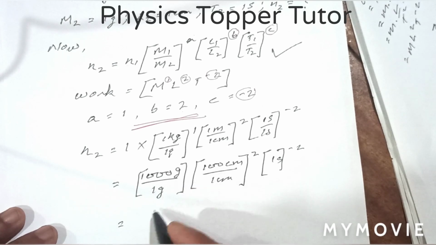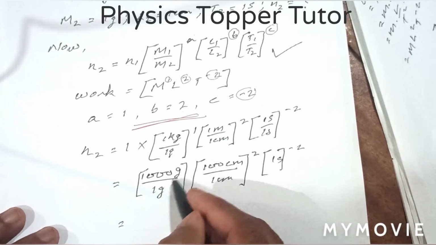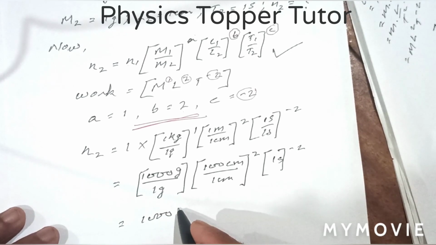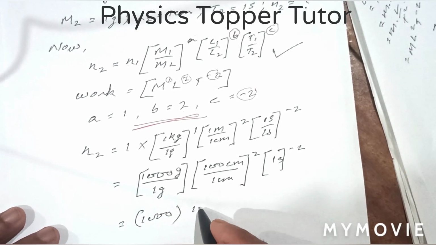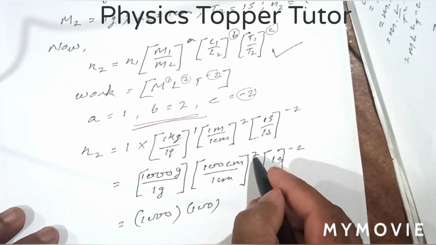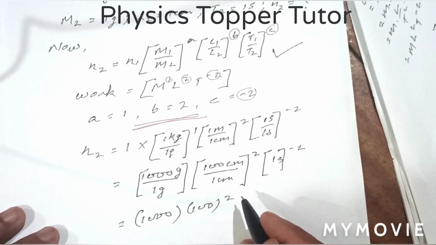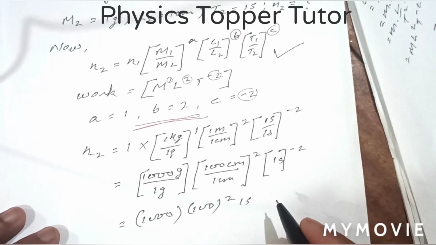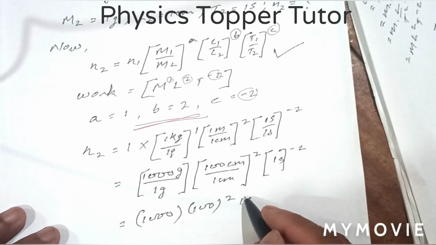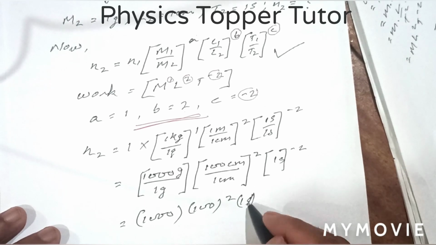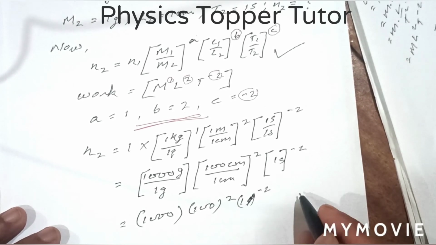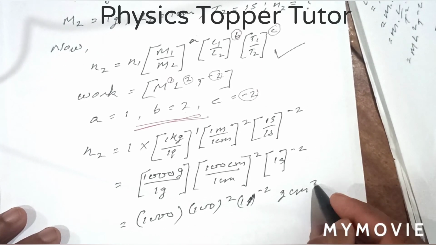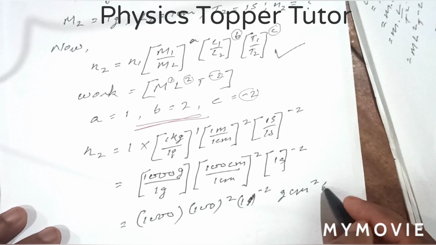Now take only the value outside, unit gram and gram same, centimeter and centimeter. So 1000 here, 100, you know that this is square, 1 second is 1, okay. Minus 2, no need to put second. So it's like this: gram, centimeter square, and second square.